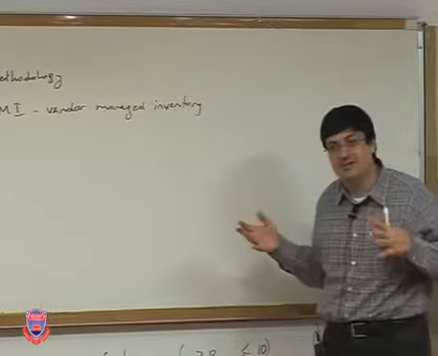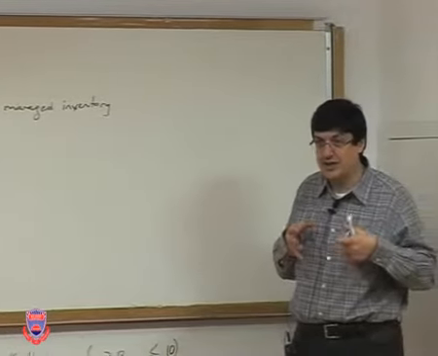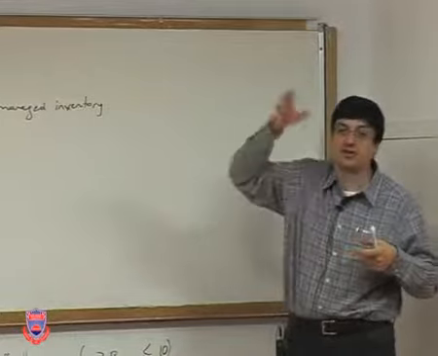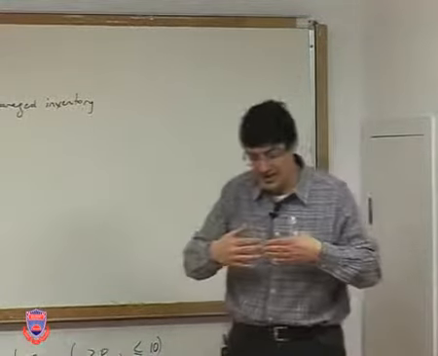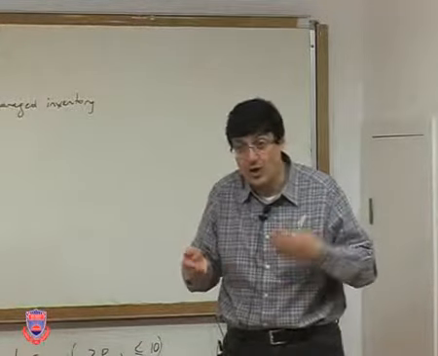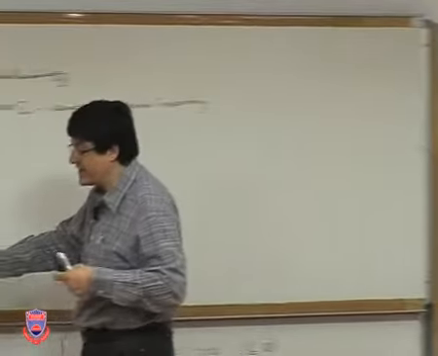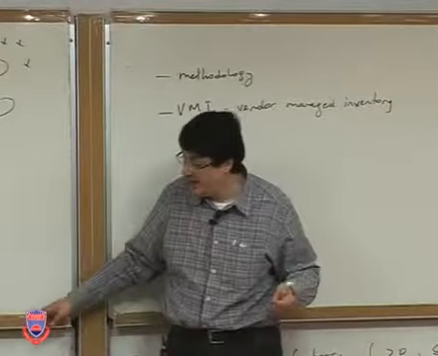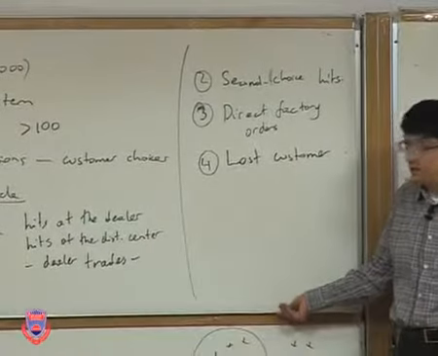Okay? So this is more or less a primitive vendor-managed inventory where the central organization sets certain rules, and according to those rules, the retailers, the dealers, are going to give orders or satisfy their customer demands. So the flow cycle, for example, the customer flow cycle, is what the dealers have to follow.